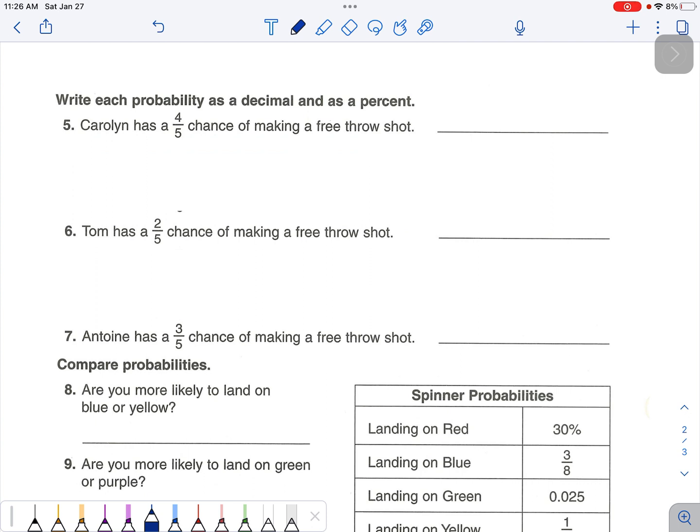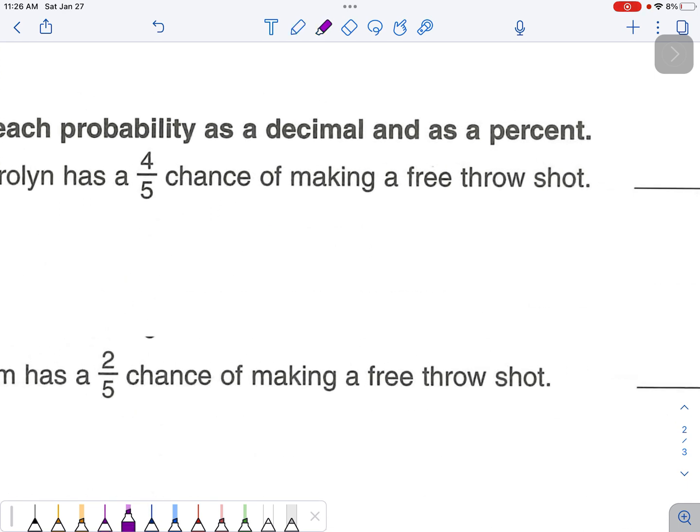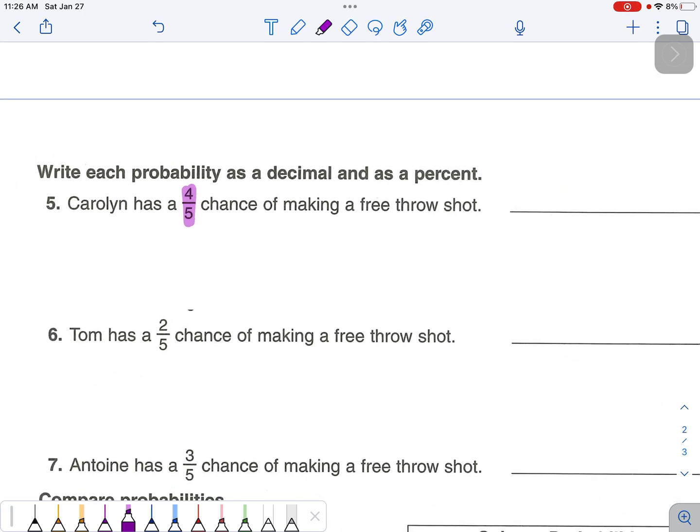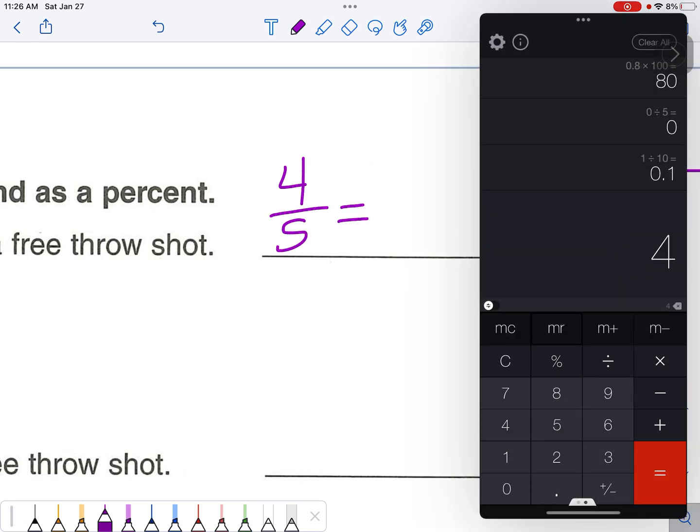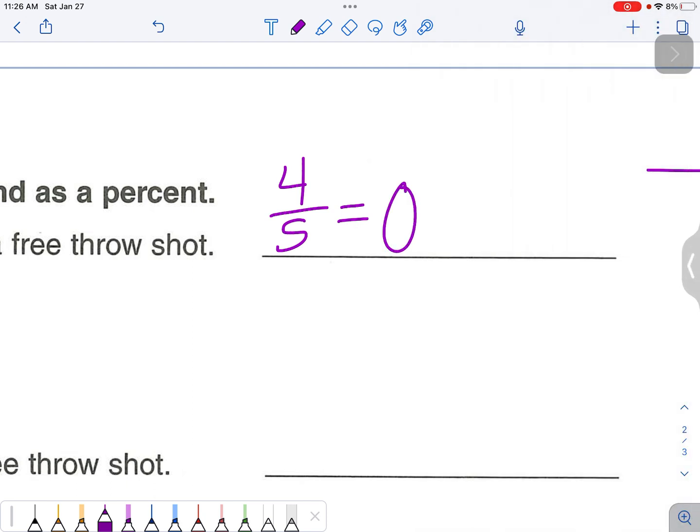For the next section, it wants you to rewrite as a decimal and percent. So this time the probability is a fraction, 4/5. So I can write 4/5 as a decimal. 4 divided by 5 gets me 0.8.